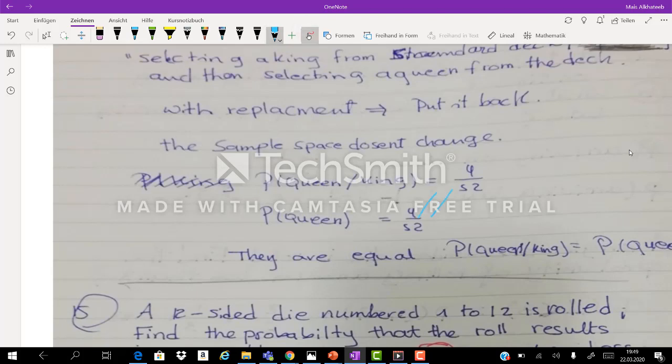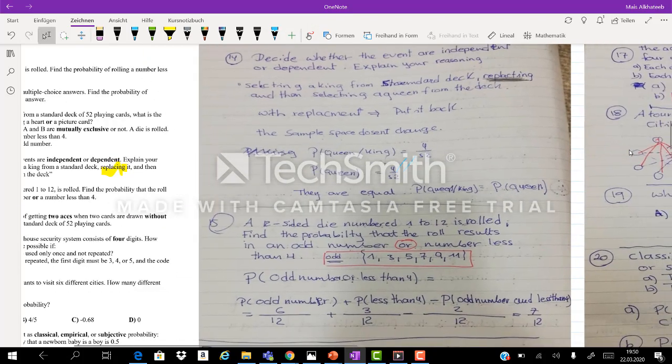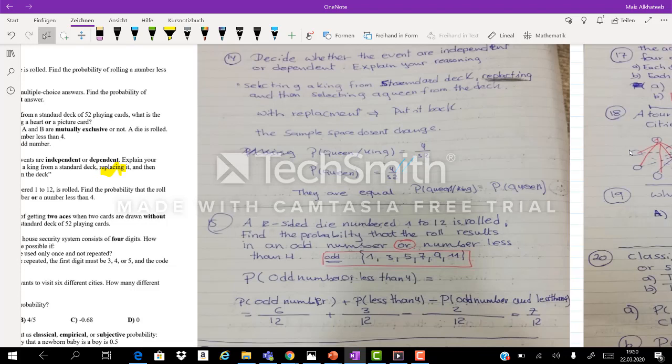Okay. هدول equal. معناتها probability of a queen given that king equal to probability of queen, then it's independent events. Therefore it's an independent event. تمام.